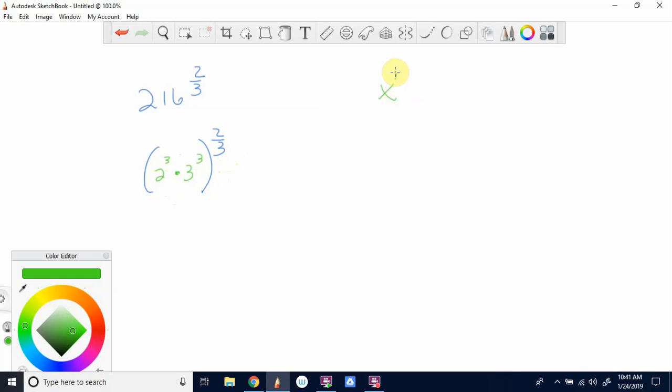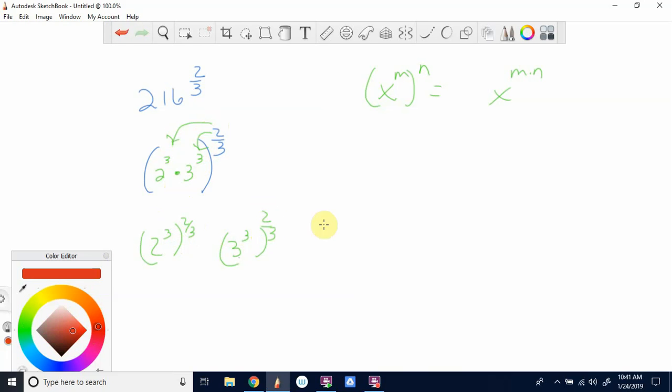Now, don't I have a power rule of exponents that says if I have an exponent raised to a power, I multiply the powers? And that's what I've got going on here. As long as I have one term, I can distribute this to both of them. So I have 2 to the 3rd raised to the 2/3. And I've got 3 to the 3rd raised to the 2/3.